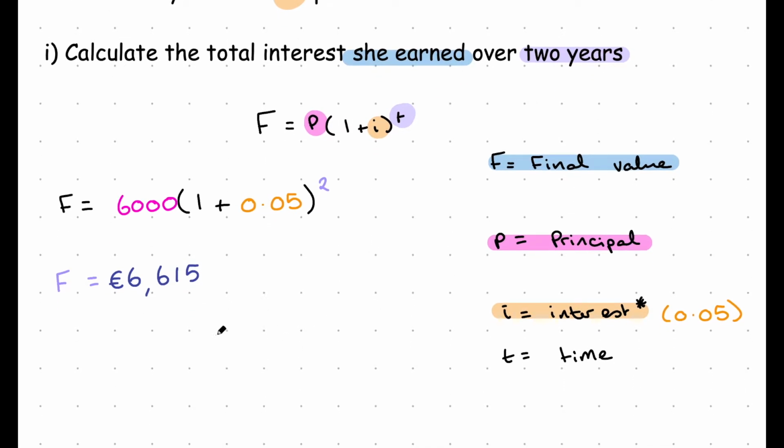So we take 6,615, take away what Sarah originally put in, which is 6,000, and we're left with 615 euro, which is how much interest she earned.